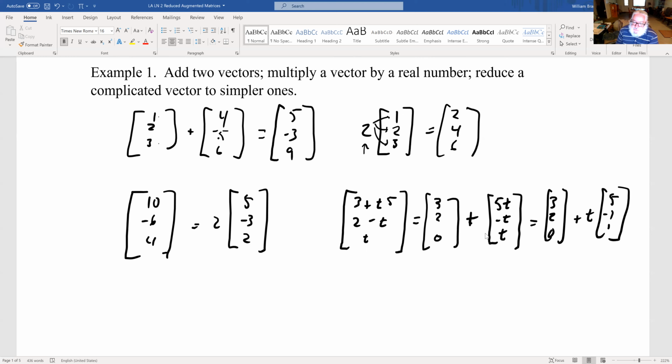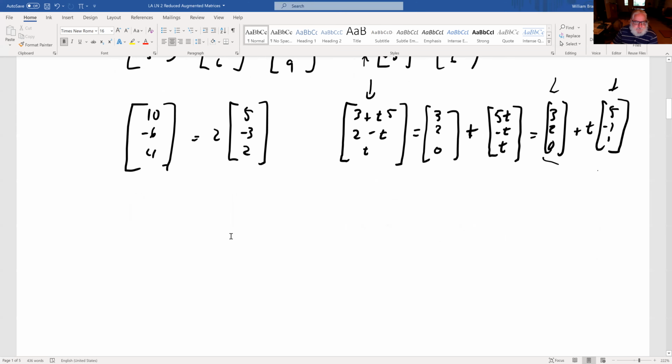We'll see that form for solutions to systems of equations several times. So if you have a complicated thing that's got some pluses and minuses and a parameter t, then you can rewrite it as two simpler vectors: this vector plus that vector times t.